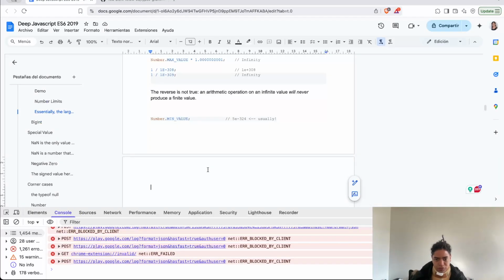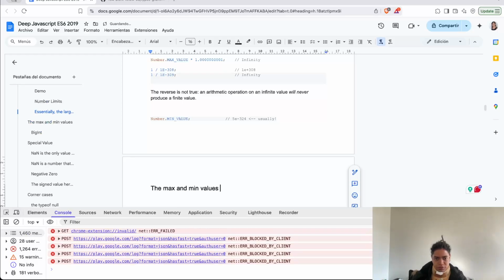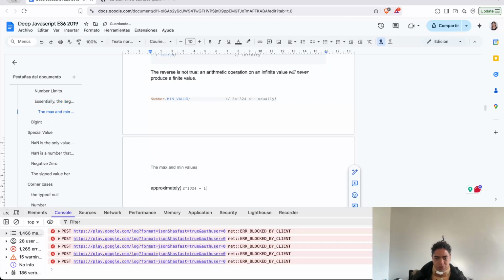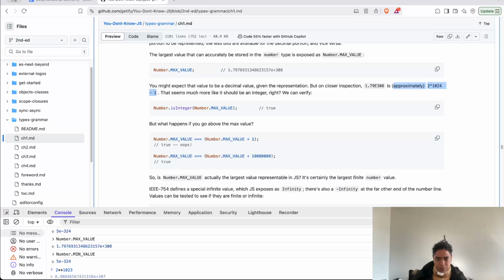Okay, so the max and min values. Max value approximately is this.